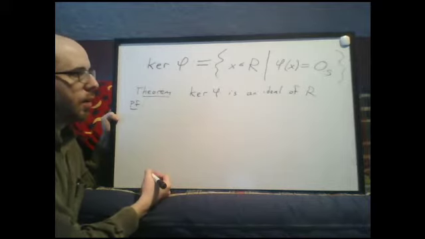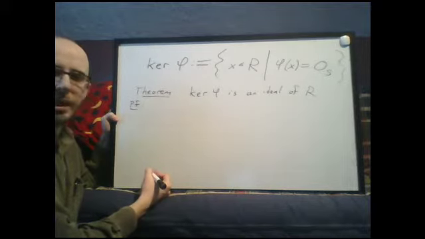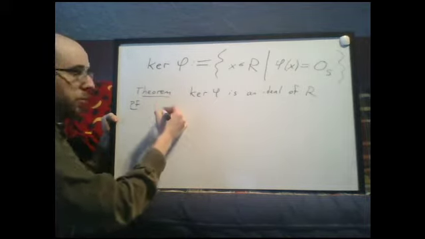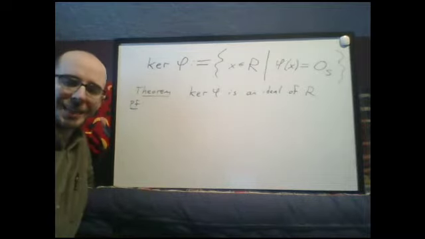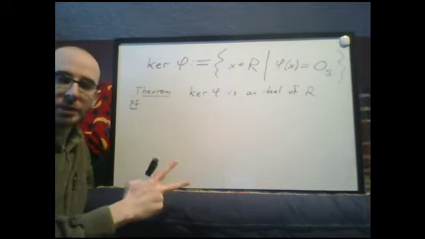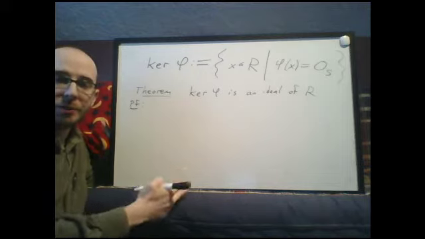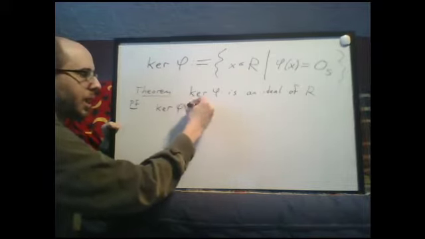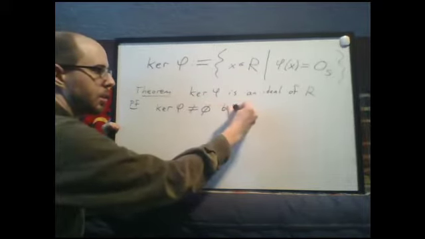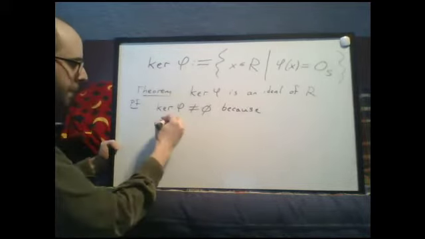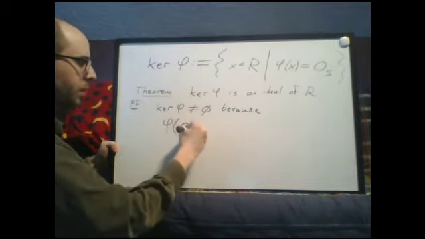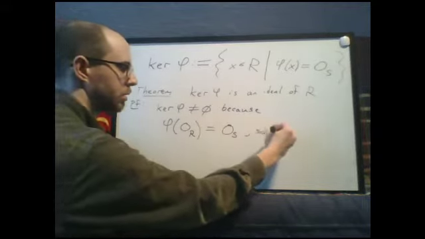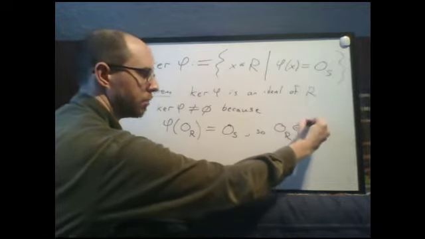If I want to prove something is an ideal, there were two conditions we have to check, but there's also the fact that it's non-empty. So we have to show that this is non-empty. Kernel phi is not empty because phi of 0 sub R is equal to 0 sub S. So 0 sub R is an element of the kernel.